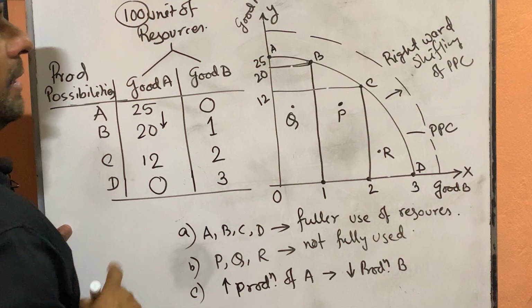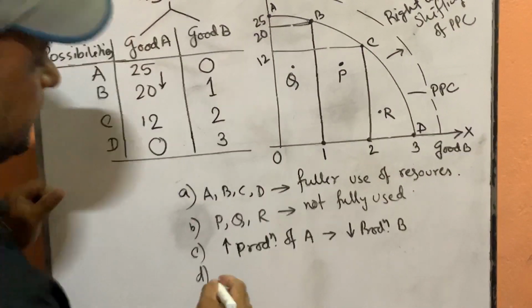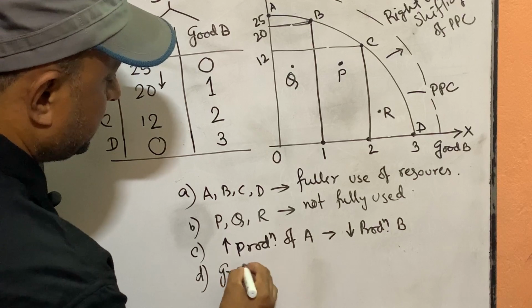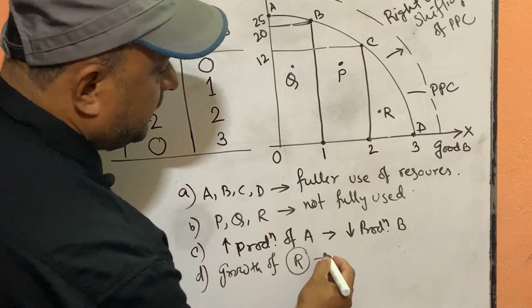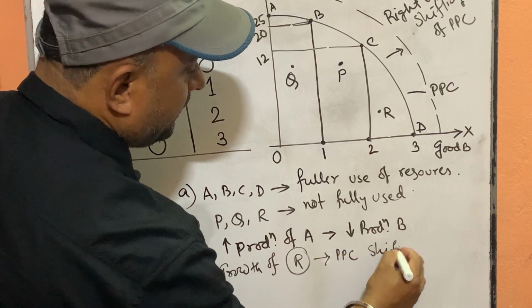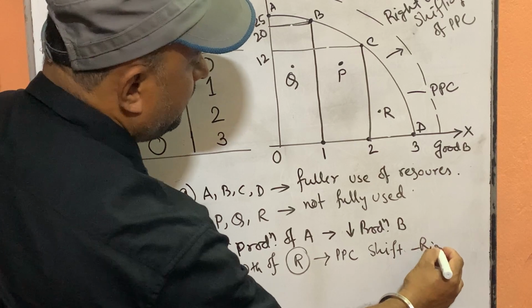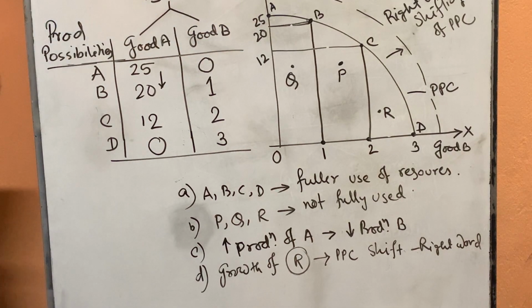When will it happen? It will happen if we can increase our resources. That is growth of resources. If growth of resources happens, then the PPC will shift rightward.